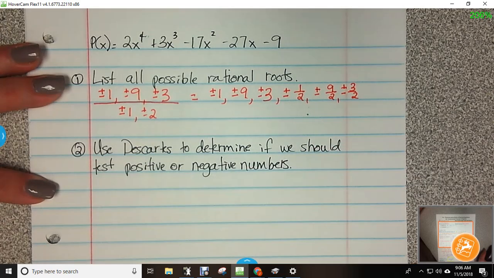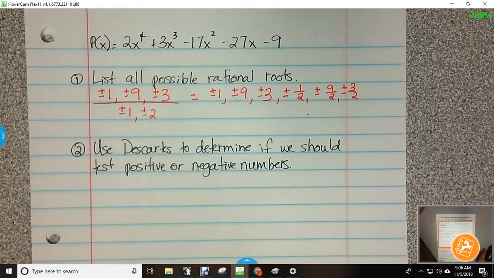Okay, so we're going to figure out whether we should test positive or negative numbers in our synthetic division.